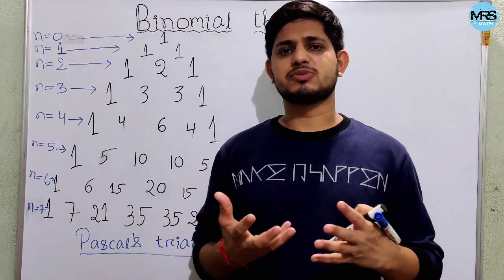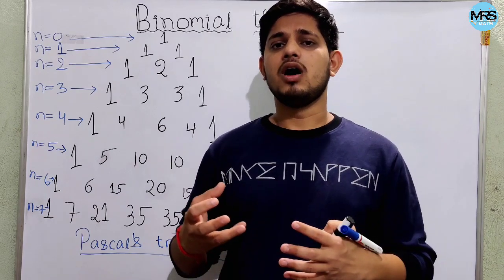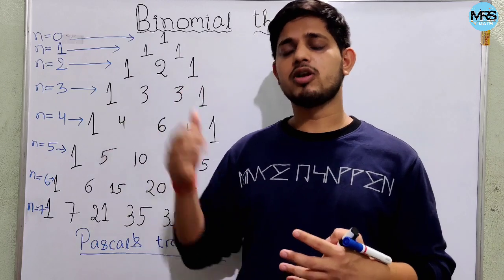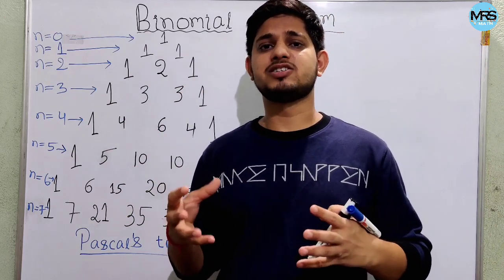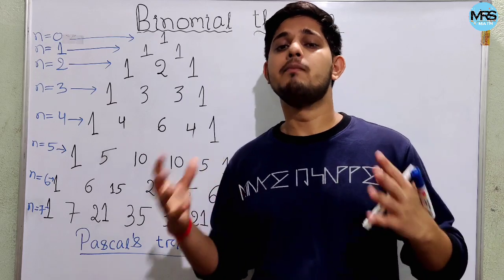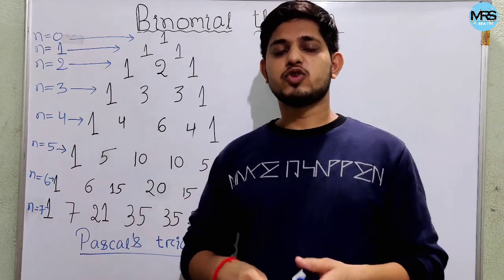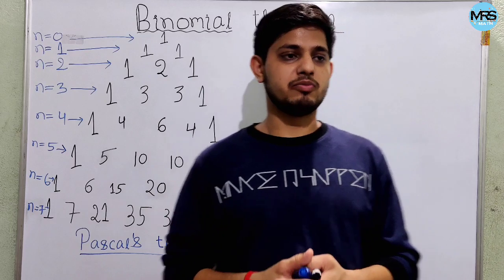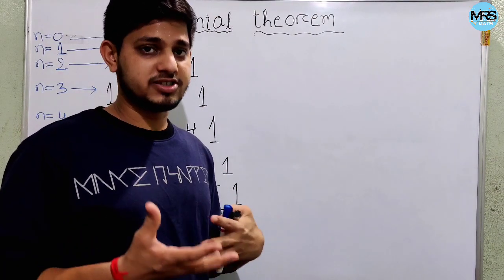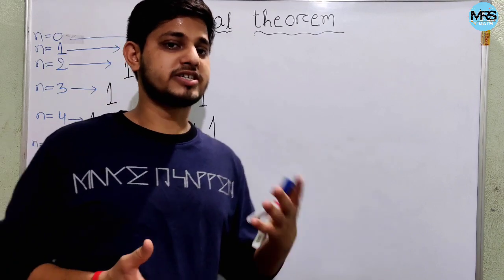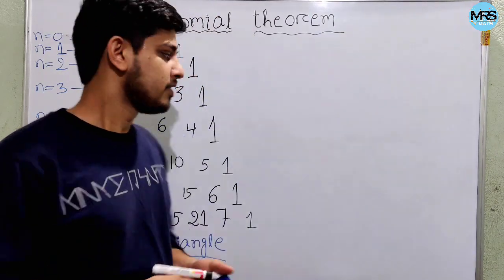What is binomial expansion? In elementary algebra, the binomial theorem or binomial expansion means the algebraic expansion of powers of a binomial. Let us see what this binomial theorem is, and what its applications are. That I will also discuss in the last part of this video.